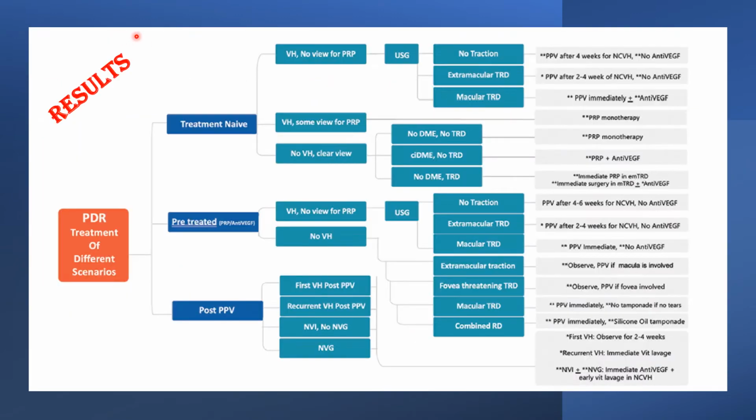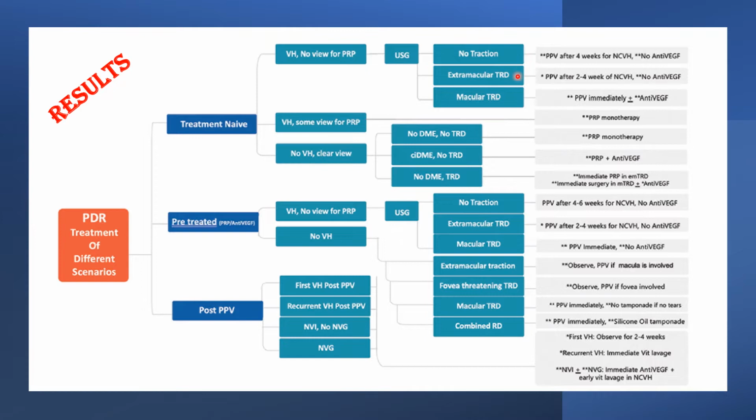So, returning to this scheme, we can see that in cases of treatment-naive proliferative diabetic retinopathy patients with vitreous hemorrhage and no view of the fundus, so it's impossible to perform PRP, after doing ultrasound, no traction, the consensus after the second round was to perform a pars plana vitrectomy after 4 weeks for non-clearing vitreous hemorrhage and no anti-VEGF.